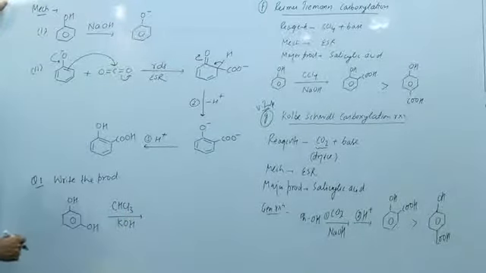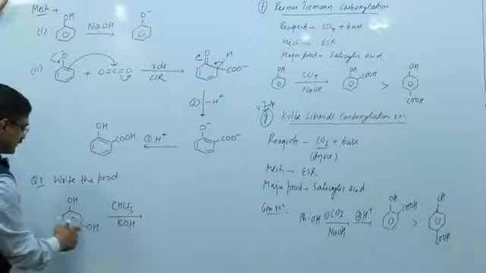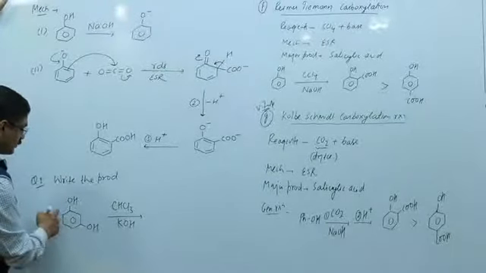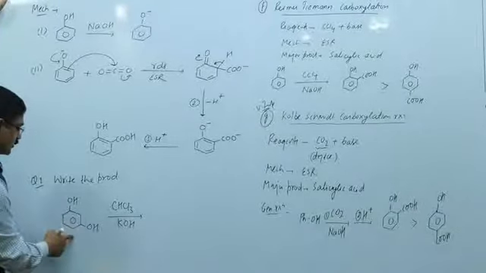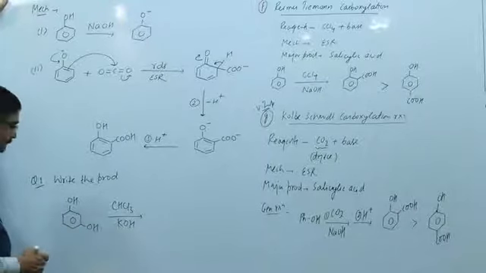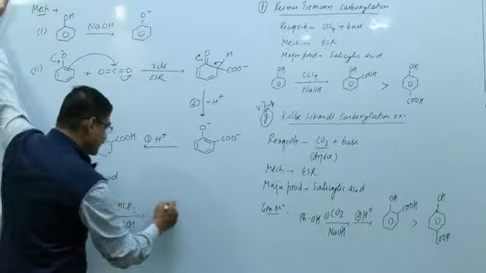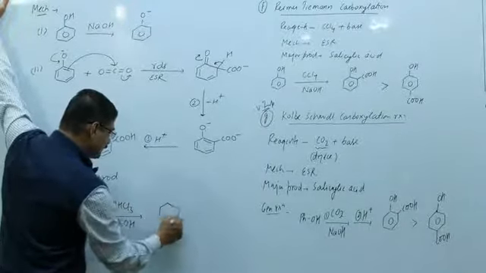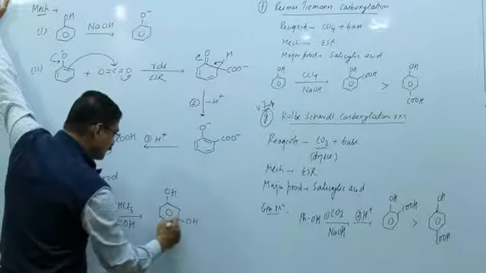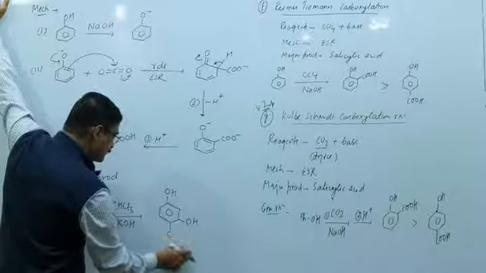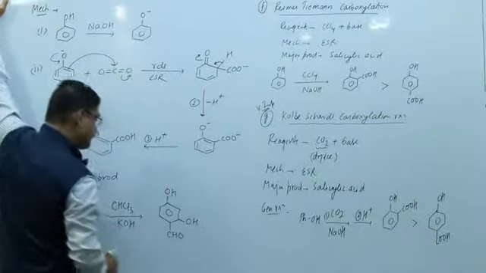What is the major product? Because ortho product is major, in this case there are two different OH groups and two different ortho positions, but both the ortho positions have the same electron density. That's why we can write the product on one of them. So this product is the major product.